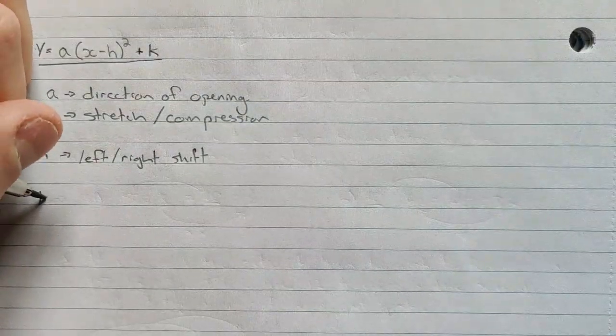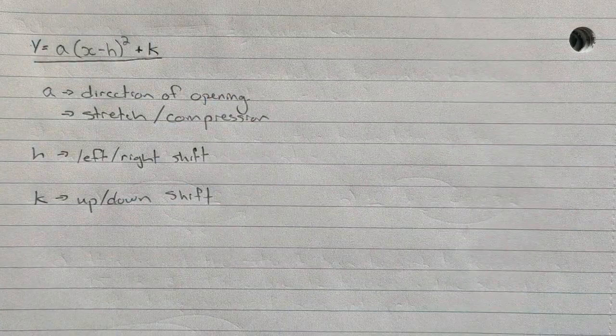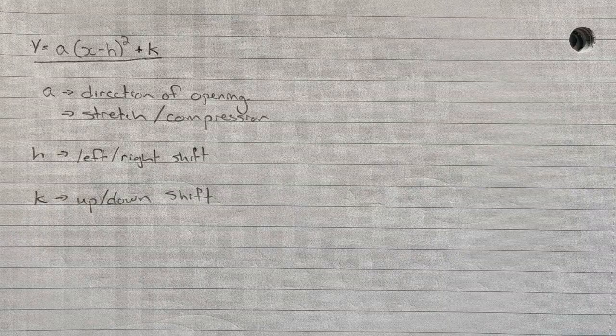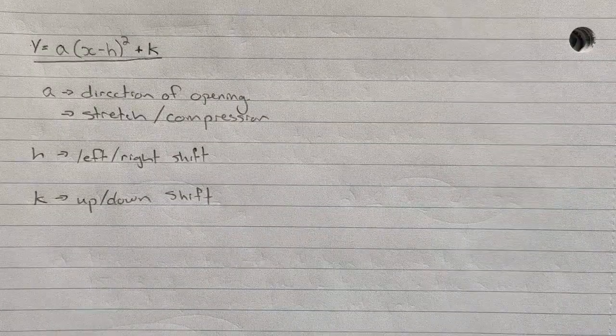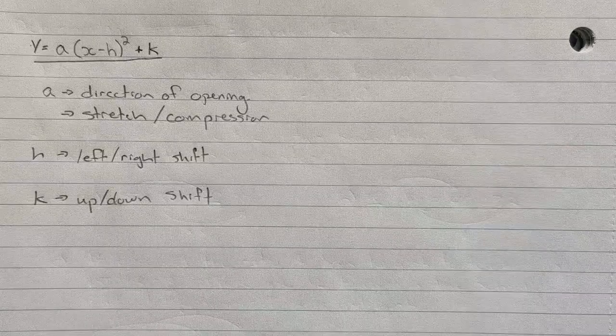And then k, the final value, is the up down shift. Those are the translations that we've been looking at with our quadratic. So up, down, left, right, whether it's opening upwards or down, and whether it's getting wider or getting narrower.